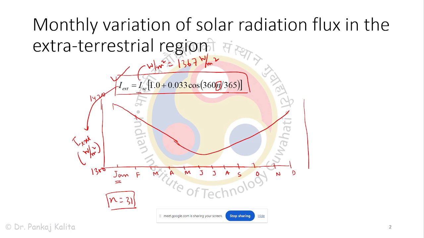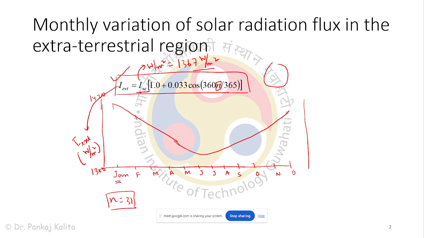Now we can see one more parameter, ISC. It is known as the solar constant, because its value is constant, equal to 1367 watt per meter square. The significance of this parameter is that it is the amount of solar radiation flux received at the average or mean Earth-Sun distance.